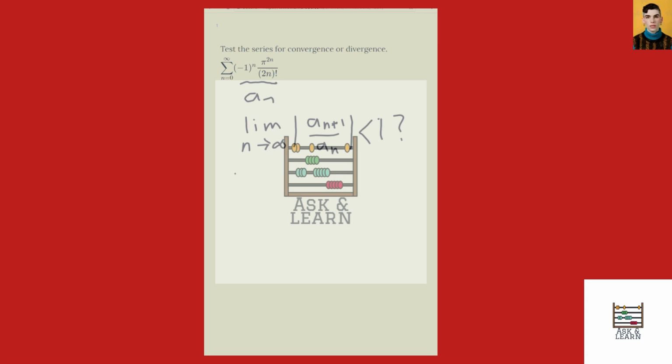Okay, so when we look at this limit, the absolute value signs are just going to tell us that we can throw away this (-1)^n. And then we're going to have pi to the 2n plus 1 divided by 2 times (n plus 1), that whole thing factorial.